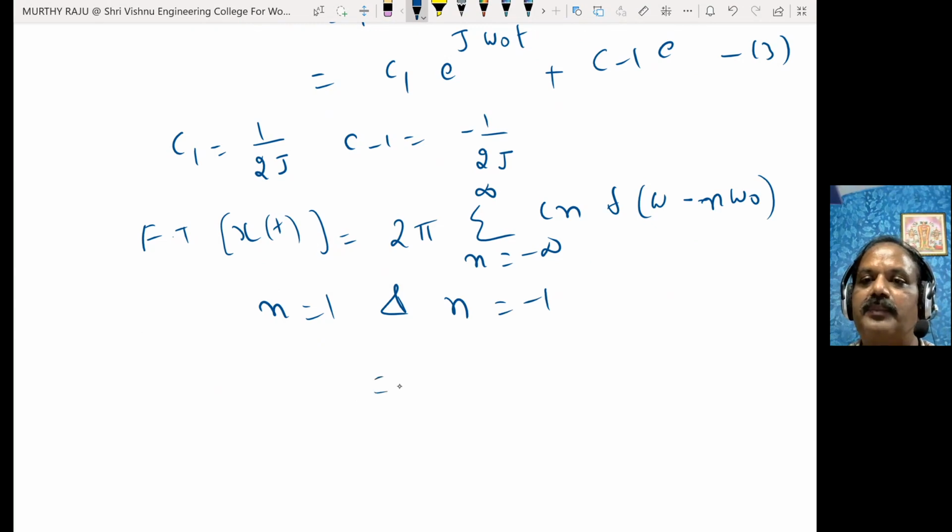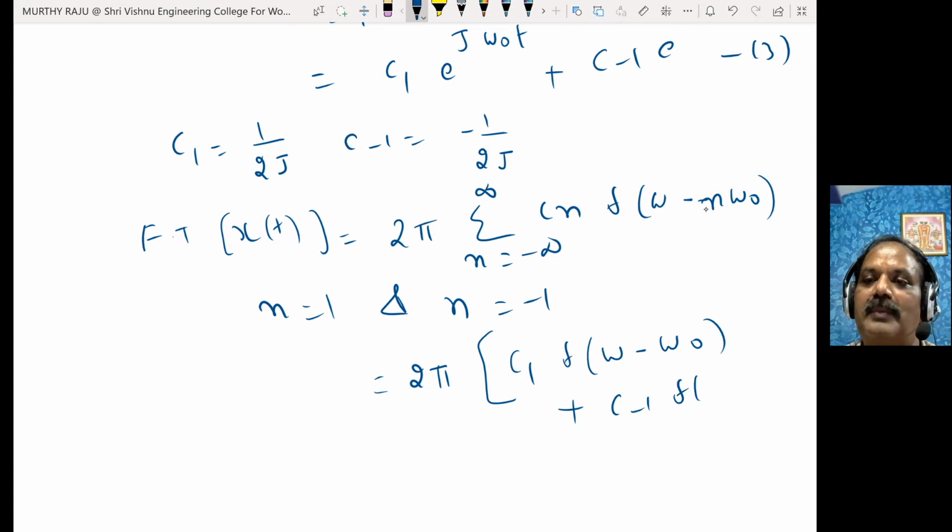Consider this: 2 pi, c1 for n is equal to 1, c1 delta of omega minus omega naught, plus n is equal to minus 1, c minus 1 delta of omega plus omega naught.